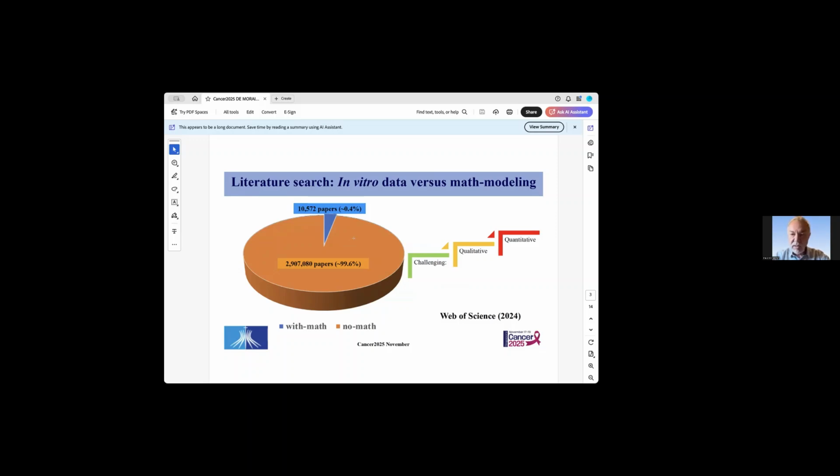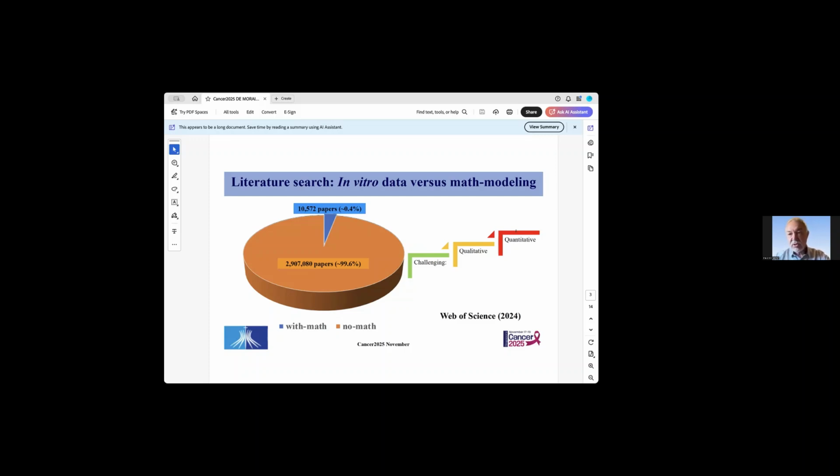However, only a very small fraction, less than 1%, includes any mathematical analysis of the data. And that is, of course, a big challenge, to jump from a qualitative analysis to a quantitative analysis.